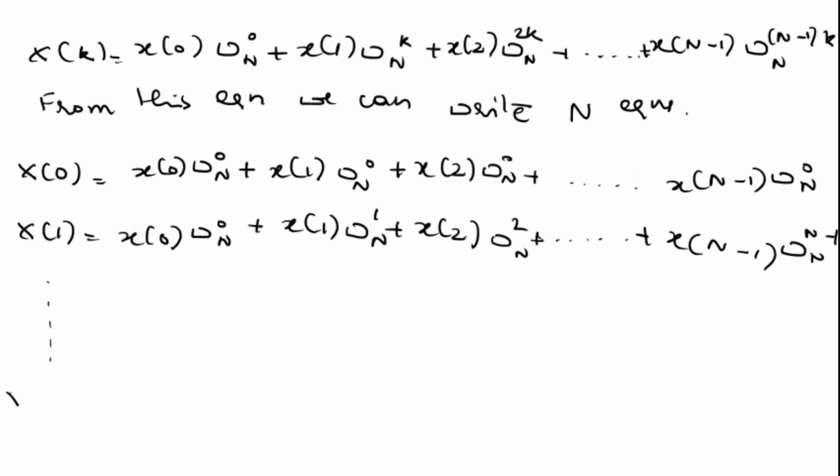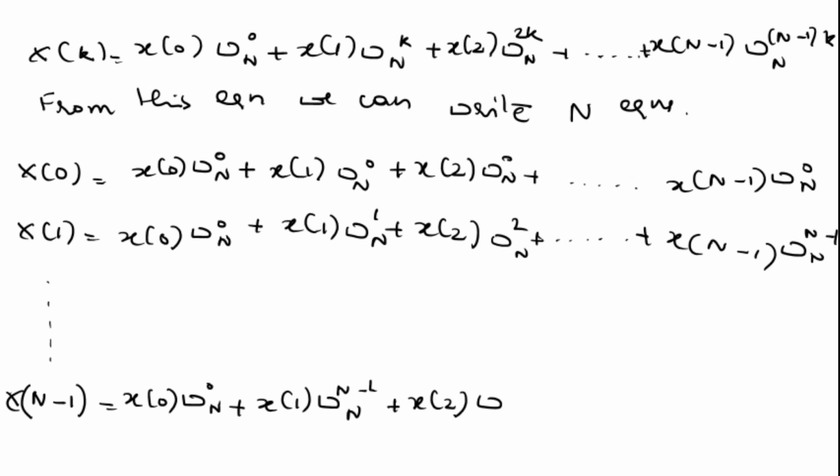The last value X(N minus 1) is equal to x(0) into omega N of 0 plus x(1) into omega N of N minus 1 plus x(2) into omega N of 2 into (N minus 1) plus so on, x(N minus 1) into omega N of (N minus 1) into (N minus 1).